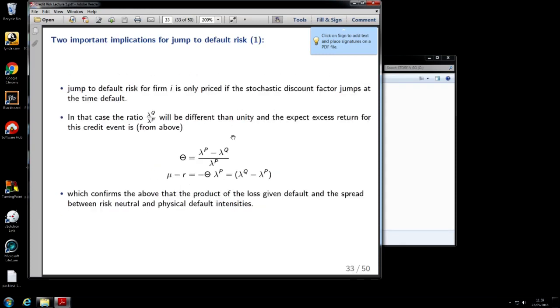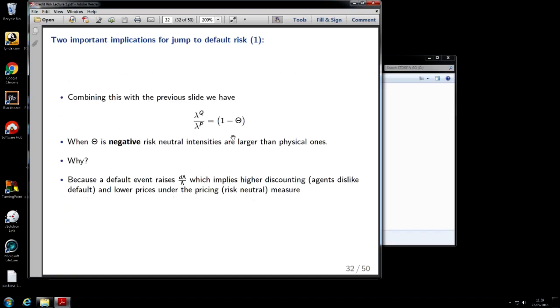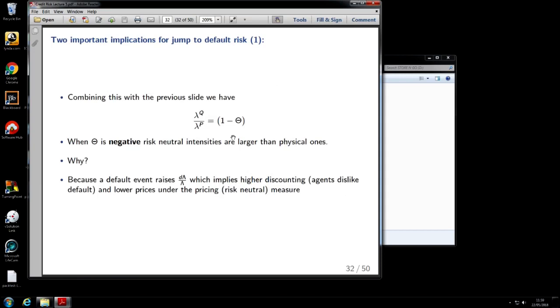I don't get it, because this makes sense if this is smaller than 0, but this does not make sense to me unless this is greater than 0. Sorry, it must be a negative number, right? Yes, it is a negative number, because then it makes this ratio positive.